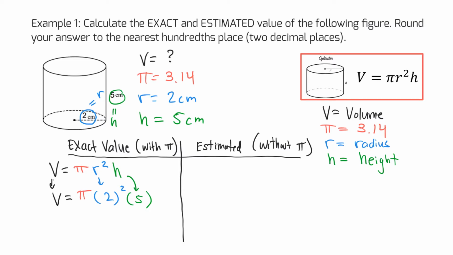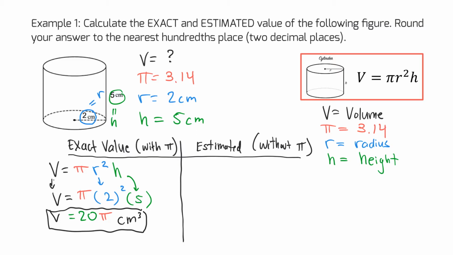After you do that, you just multiply and see what you get. In this case, 2 times 2 is 4, times 5 is 20. So it would be equals 20 pi. Your volume would be V equals 20 pi centimeters cubed. That would be the exact volume of this shape.